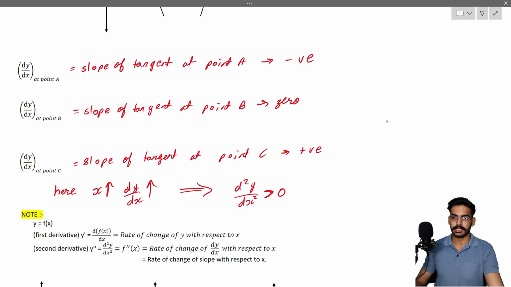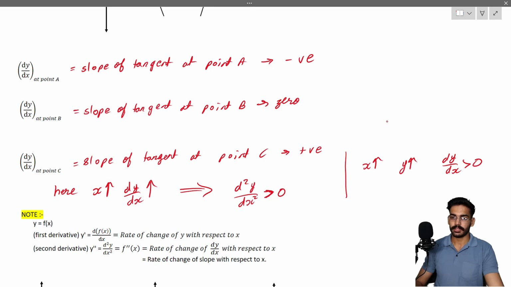What we said in the first derivative was, if x increases and dy by dx is positive, then y will increase.